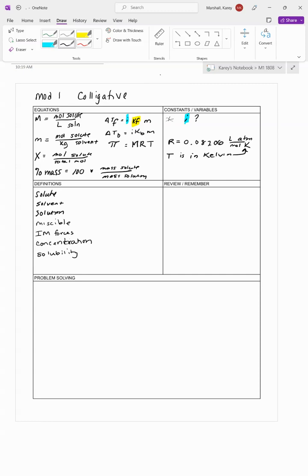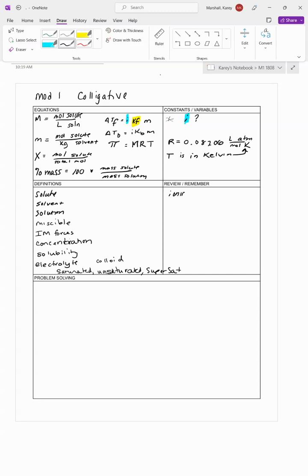What does that mean? And can you describe it in terms of intermolecular forces? Be able to define electrolyte as well as colloid and saturated solution. And then also with saturated, be able to define unsaturated as well as supersaturated.